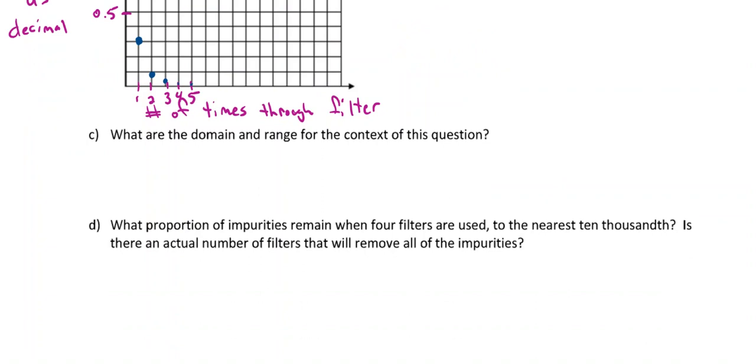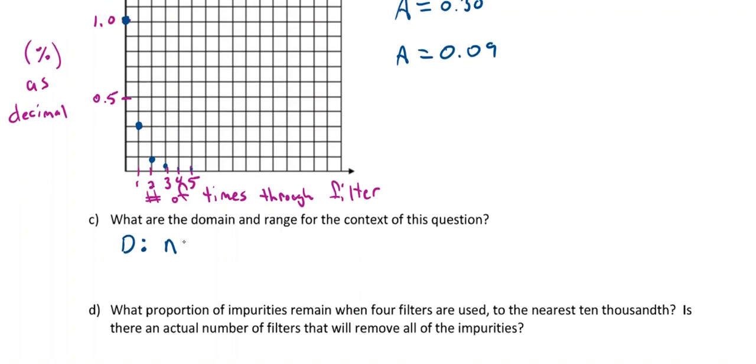Okay, and then for C here, it says what are the domain and range for the context of this question. So the domain would be, well, n has to be greater than or equal to 0 filters, right? So it can be greater than or equal because we could have no filters.